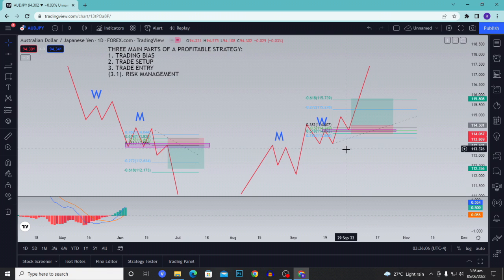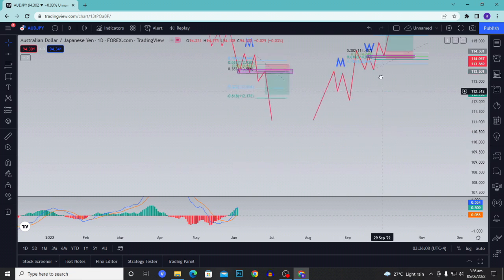That's the second difference, and that basically explains it.